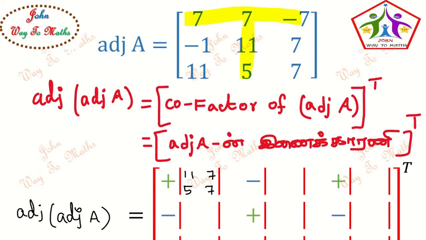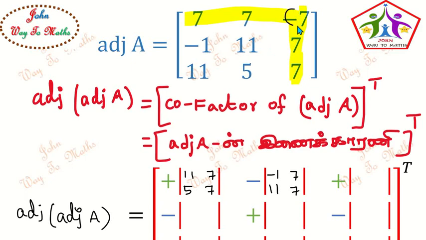For the first row second element, 7, the remaining elements are minus 1, 11, 7, 7.